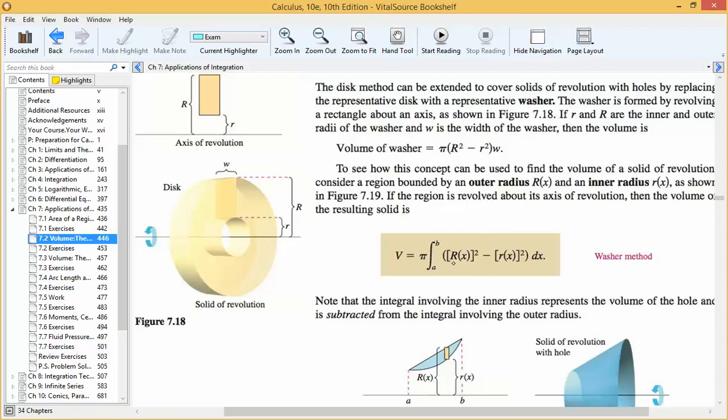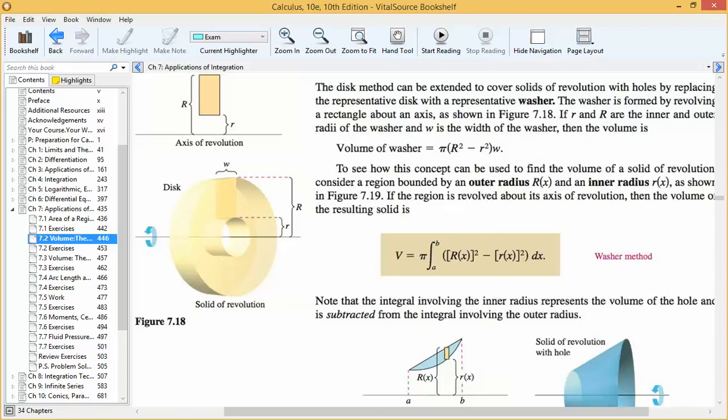So capital R of x, you can think about that like your outer radius. The outer radius is going to give you, if you were to use that in a volume formula, the volume of the entire disk. Then this lowercase r of x, that's like your inner radius. If you subtract that inner part out, then that would give you the volume of the washer.